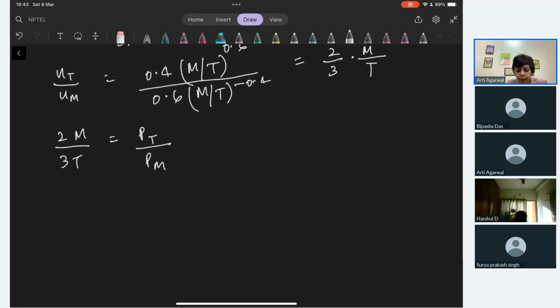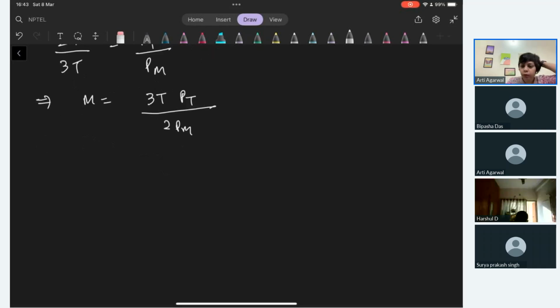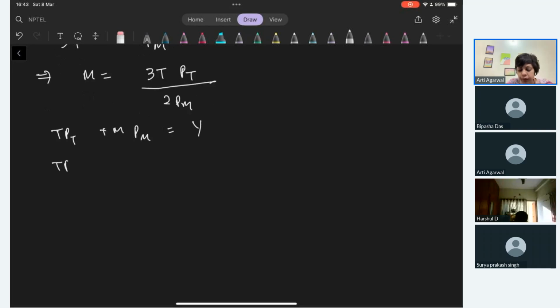Now you can write m in terms of t and substitute for that, or t in terms of m, whichever way you prefer. So let's rewrite this. This is m, still in terms of t and pt. Now we need to substitute this in the budget constraint. Budget constraint was t pt plus m pm is equal to y. So t pt we leave as it is. m we plug in the value we've just got.